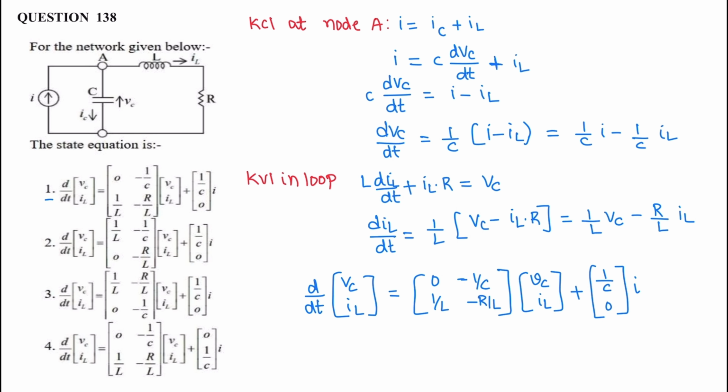Based on these two equations, the state equation is d by dt of [Vc, IL] is equal to [0, minus 1 by C; 1 by L, minus R by L] times [Vc, IL], these are the variables, plus [1 by C, 0] into I. The correct answer is option 1.